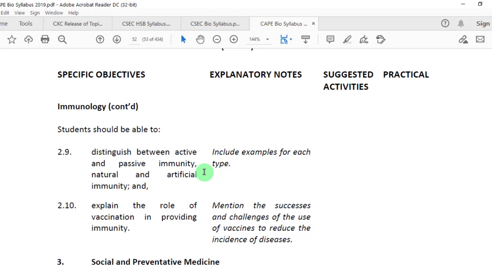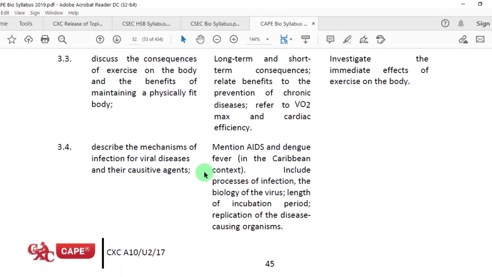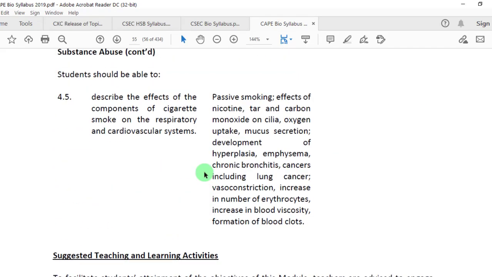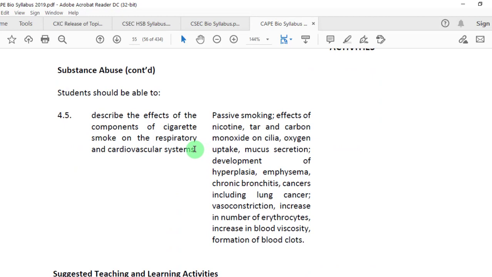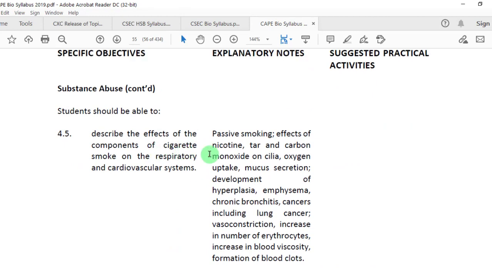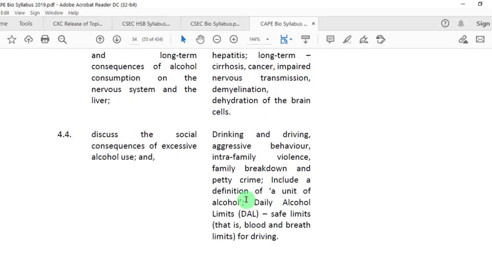And substance abuse, that's subsection 4. So let's go to that. 5 objectives. This is an area that is really important. Make sure, again, you have a short objective, but a lot of information, a lot of detail. And that's it for paper 2.